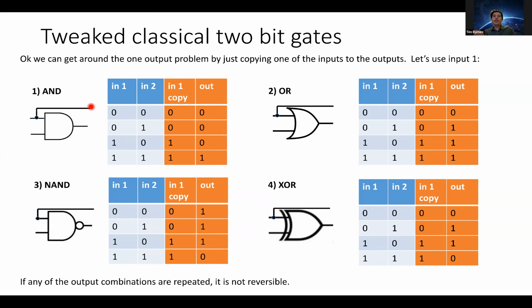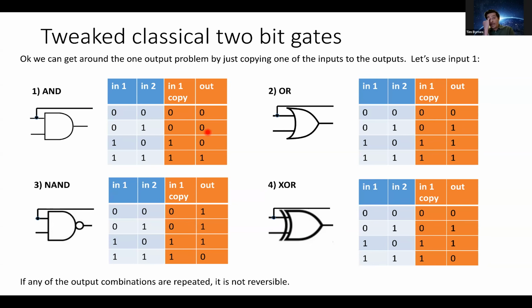So if you're sitting here and you're just receiving this output, how can you possibly tell whether it was this case or the second case? Because in either case, they're going to give 0, 0. So it's impossible that this is reversible because you're going to have both of these cases as 0, 0. So this is not a reversible gate.